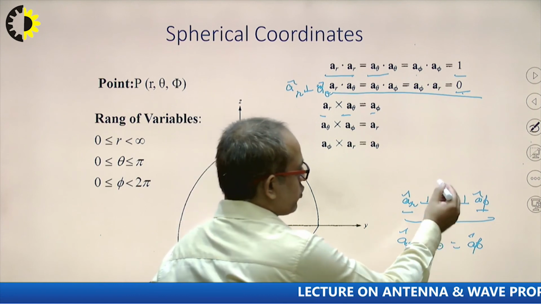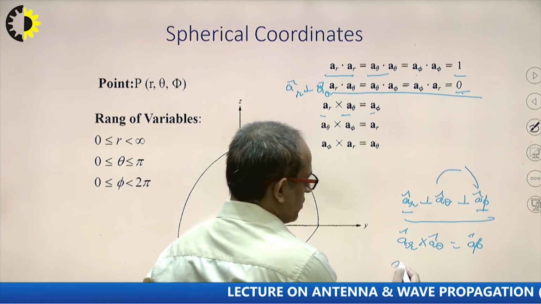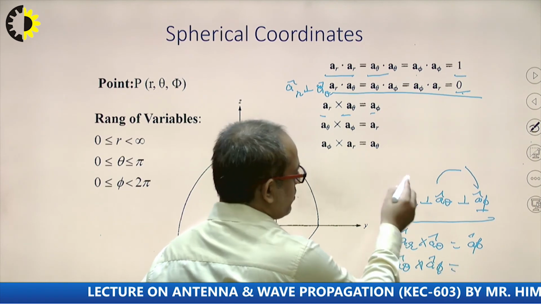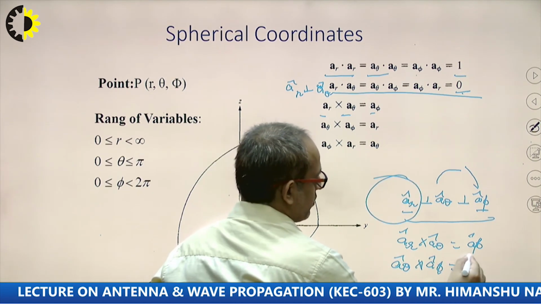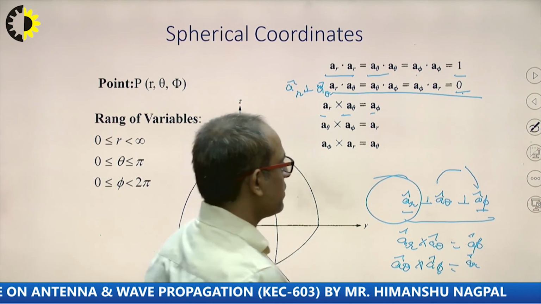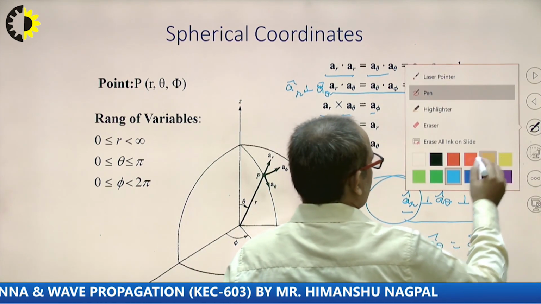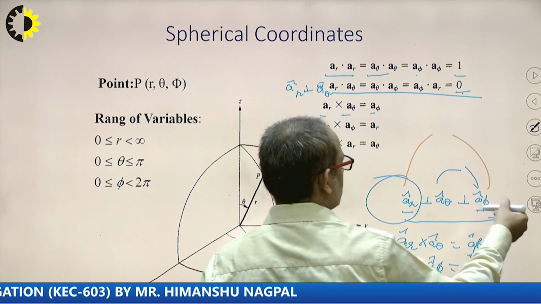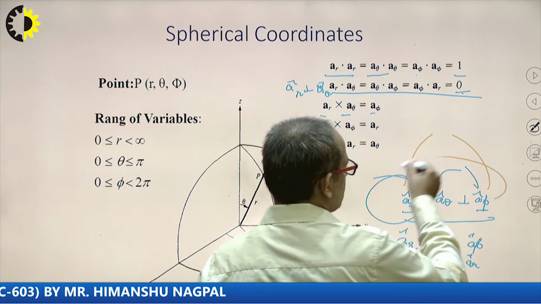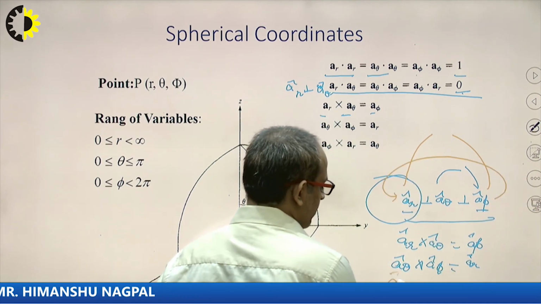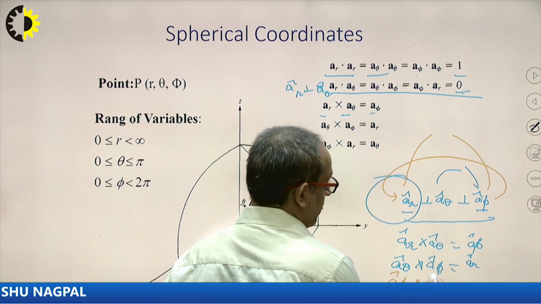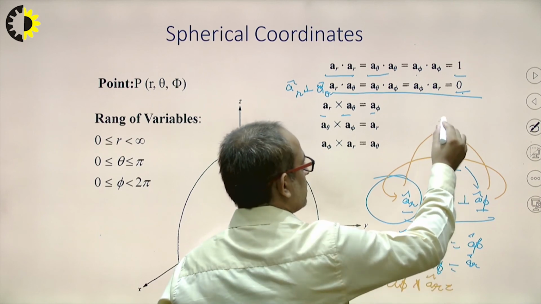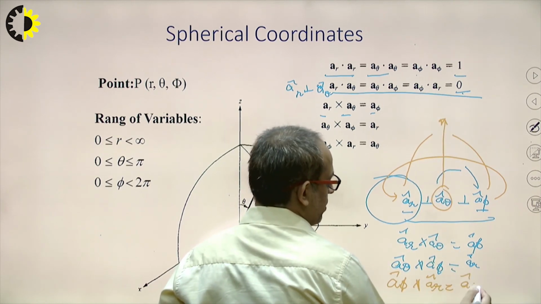Now if I take the cross product of a cap theta cross a cap phi, you will get the direction vector a cap r. Clear? And a cap phi cross a cap r gives the unit vector a cap theta.